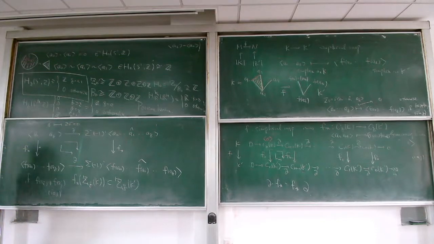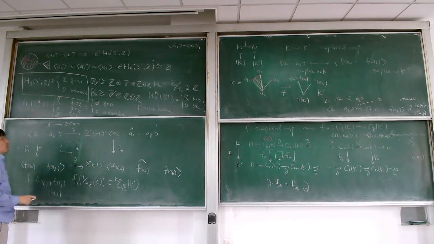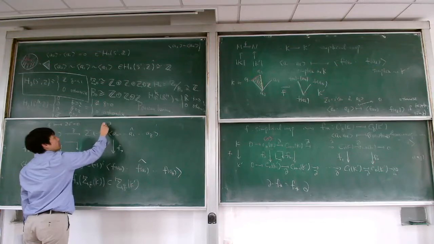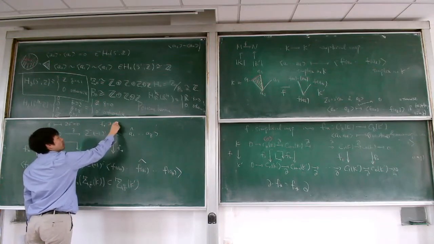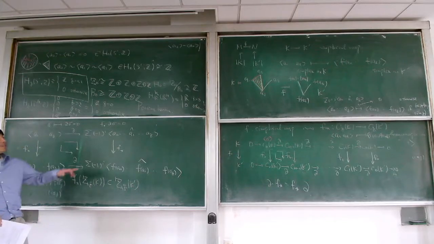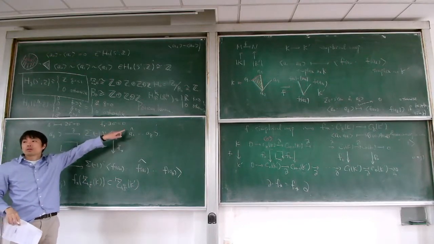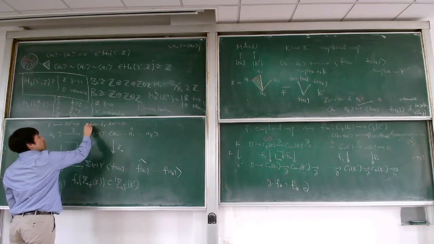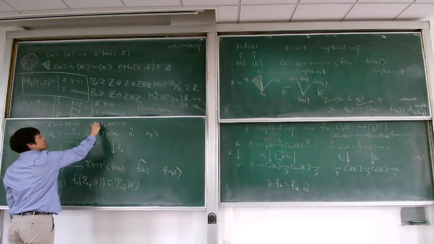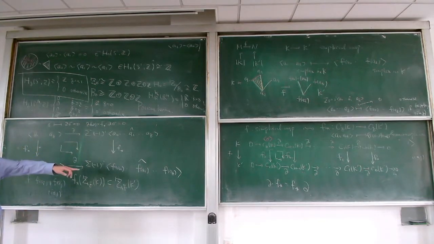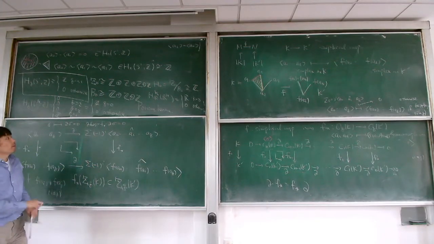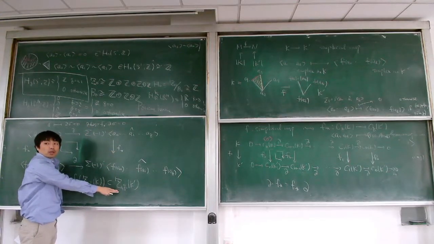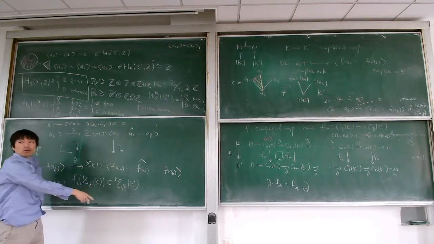A homomorphism maps 0 to 0. So therefore, F star sigma is included in ZQ of K prime. It's a cycle.